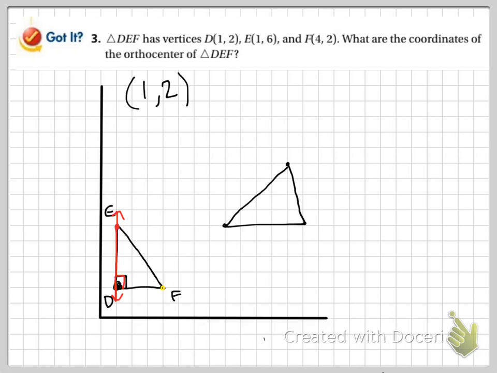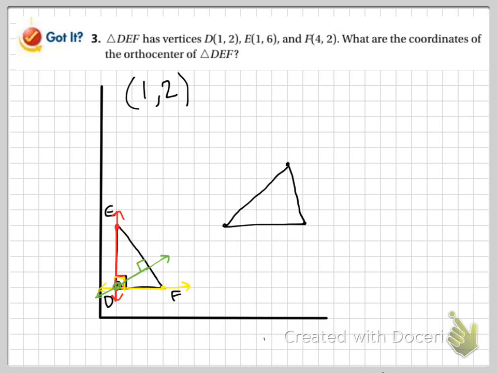And that's why this is where my orthocenter is, and I'll sketch in the third one just so you can see it, but it would go from the vertex perpendicular to the opposite side, so something like that. So whereas these meet up at the corner, this one isn't going to.